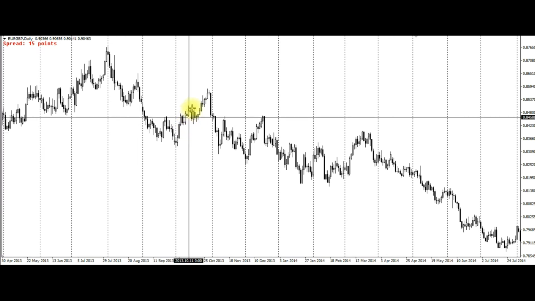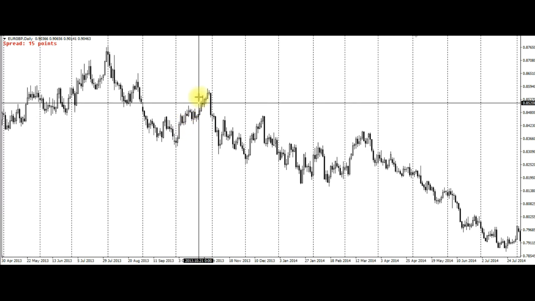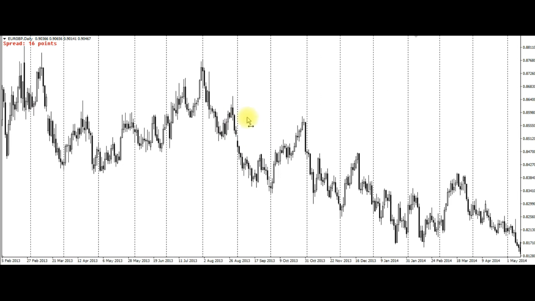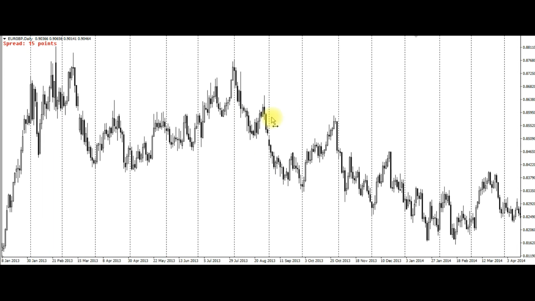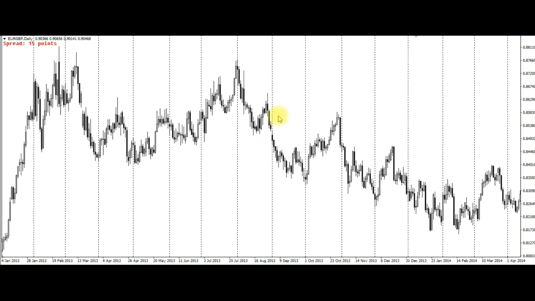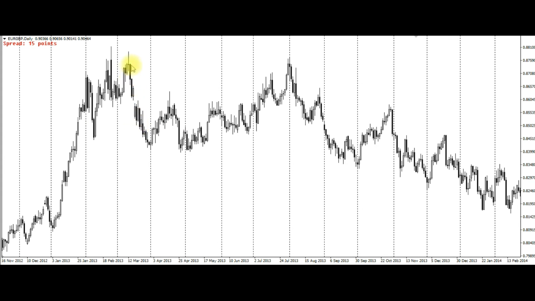So when you want to trade with the breaker, all that you need is to identify bullish or bearish order blocks that have failed. When a bearish order block fails, it gives you a bullish breaker.